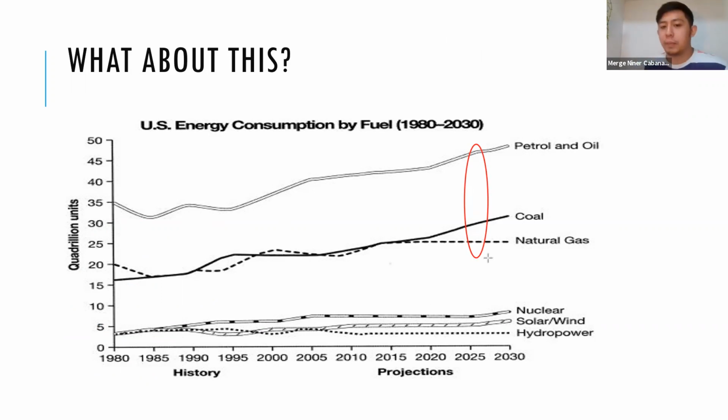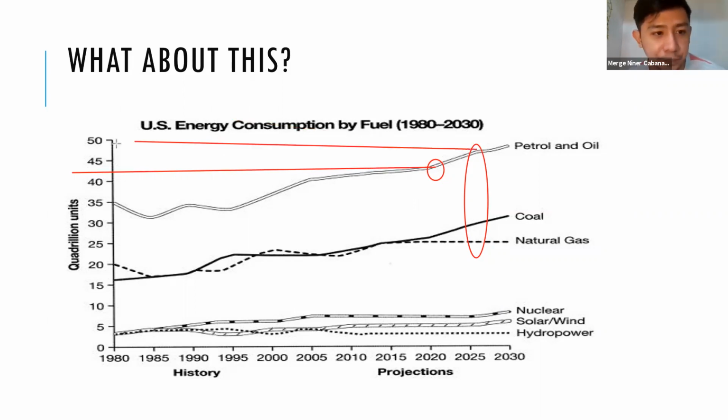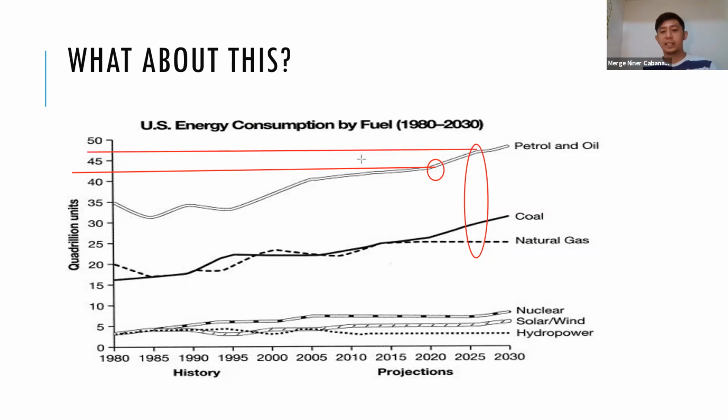So let's talk first about petrol and oil. From 2020, it is 40. I'm using this line. So it is about 40, more than 40. And then on this line, 2025, this is more than 45. Are you guys seeing this? Okay. So what I can use as a sentence is something like this. It is expected that by the year 2025, petrol and oil consumed fuel in the US would increase by about 5%.